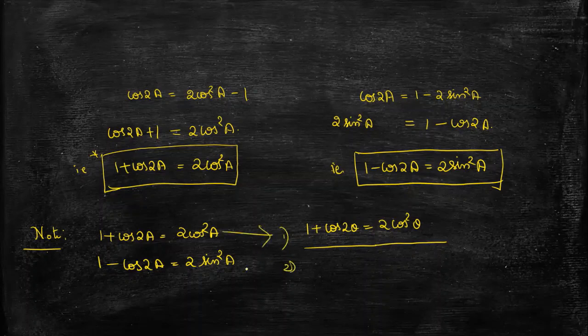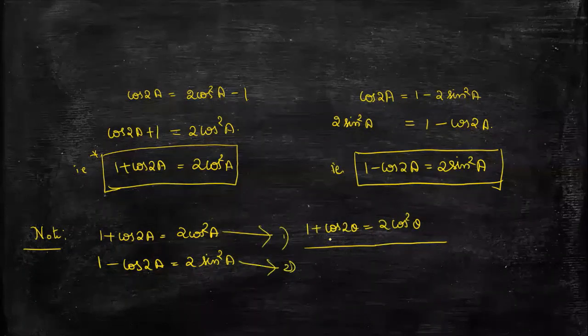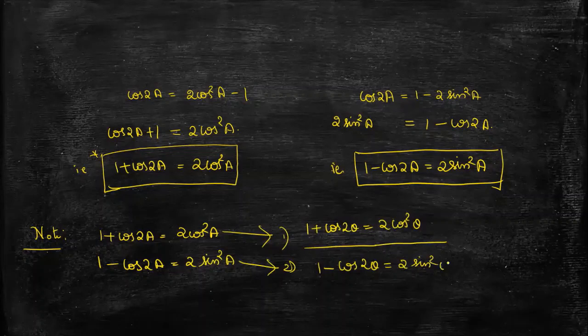Using the second one, 1 minus cos 2 theta is equal to 2 sin square theta.